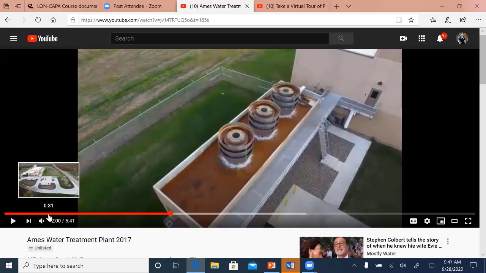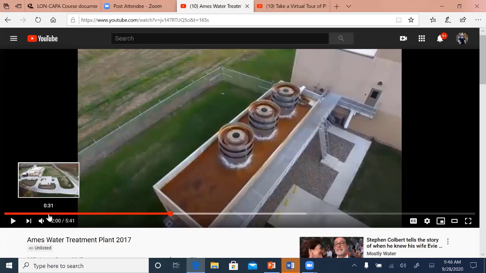What this system is doing is aerating the water. By aerating the water, that purges off some of that CO2. It also converts the iron 2+ to iron 3+, so from ferrous to ferric, and it converts manganese 2+ to manganese 4+, and both Fe3+ and manganese 4+ are less soluble than their reduced species.